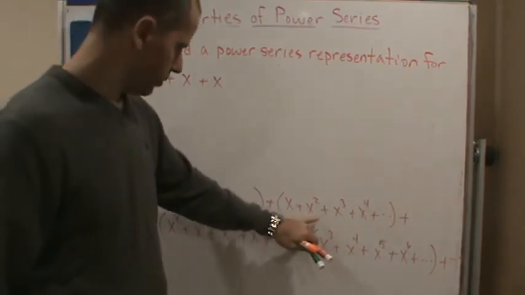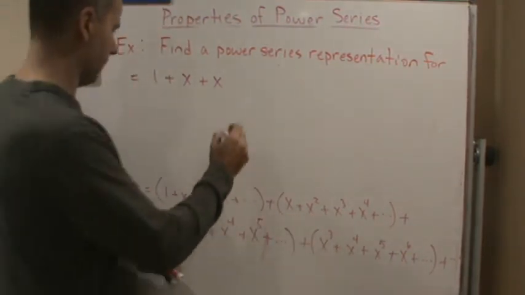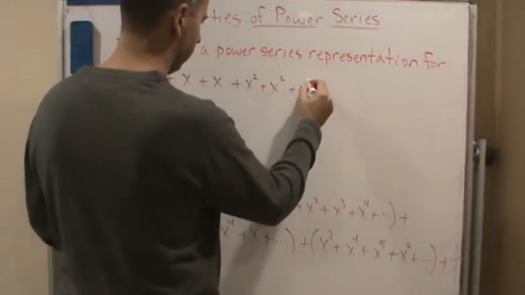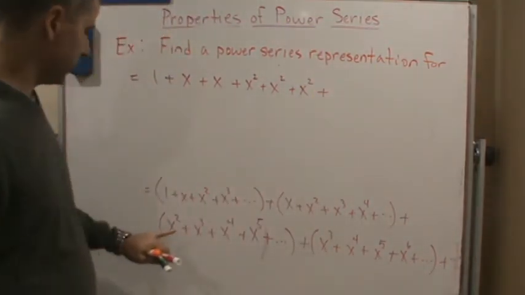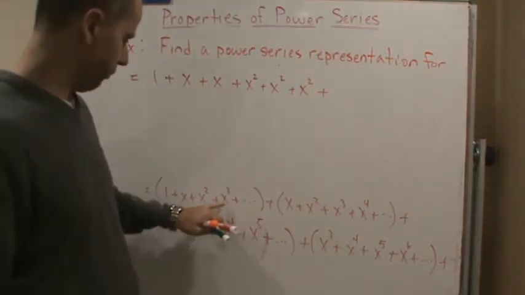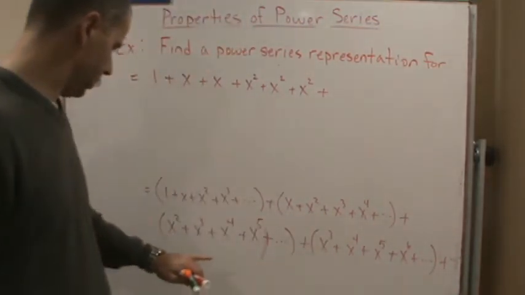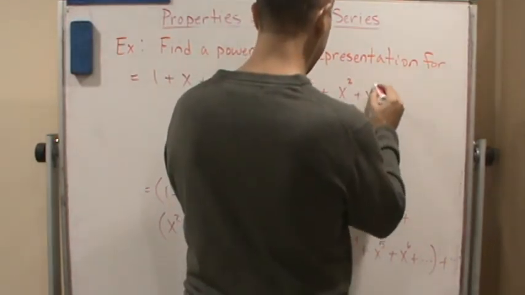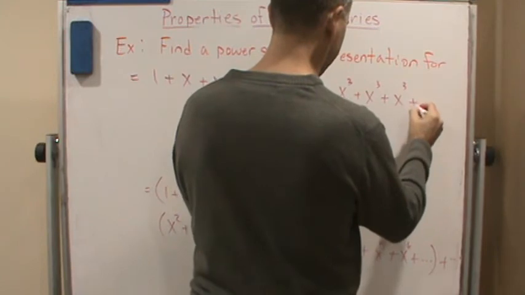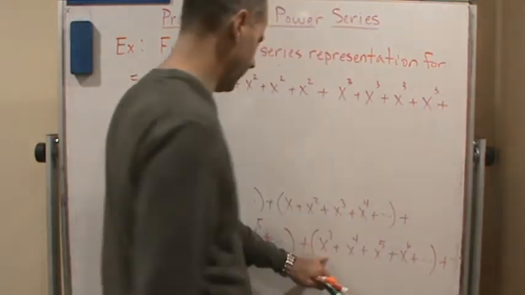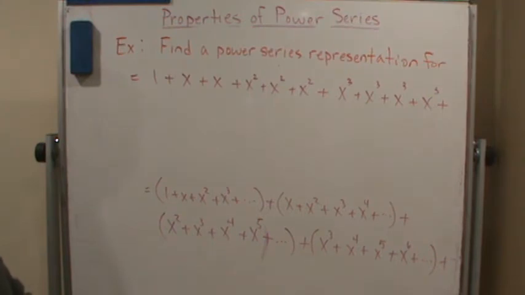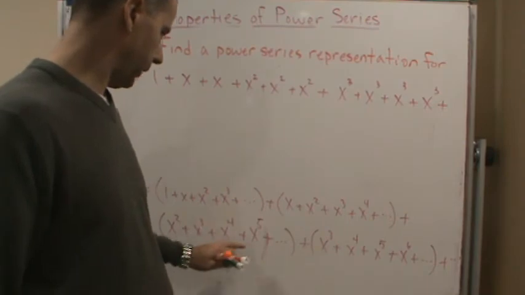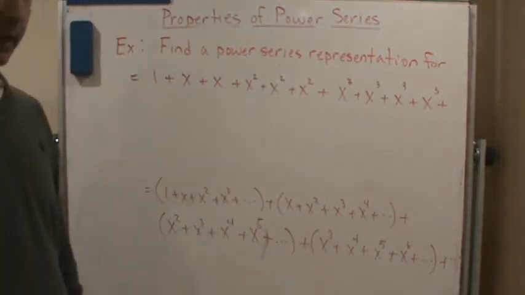We've got 1, 2, 3. And then the next one we got x to the third, and how many of those do we have? 1, 2, 3, 4. And then x to the fourth, how many of those are we going to have? Well, we're going to have 1, 2, 3, 4, 5. And it's going to keep going like this.